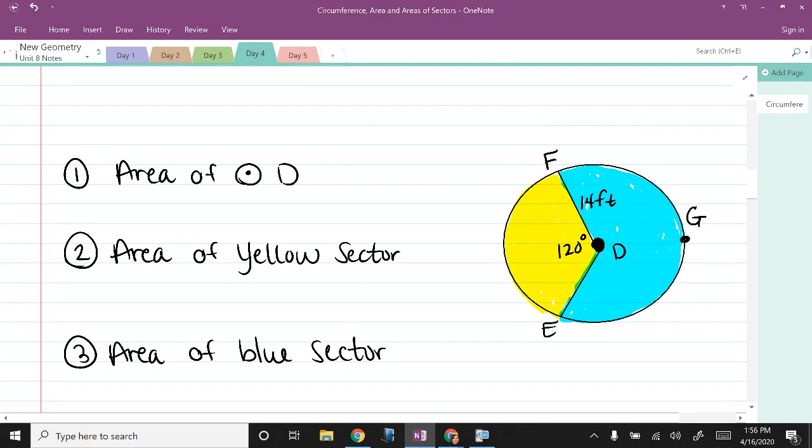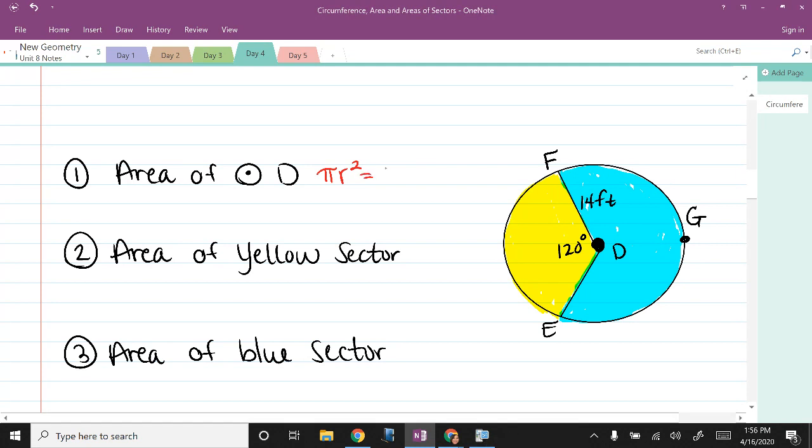All right, let's do this one, and then we're going to do some of your problems from your worksheet, if that's okay with you. Number one says find the area of circle D. That means the area of the whole circle. So remember that an area of a whole circle is just pi r squared. And my radius of that circle is 14 feet.